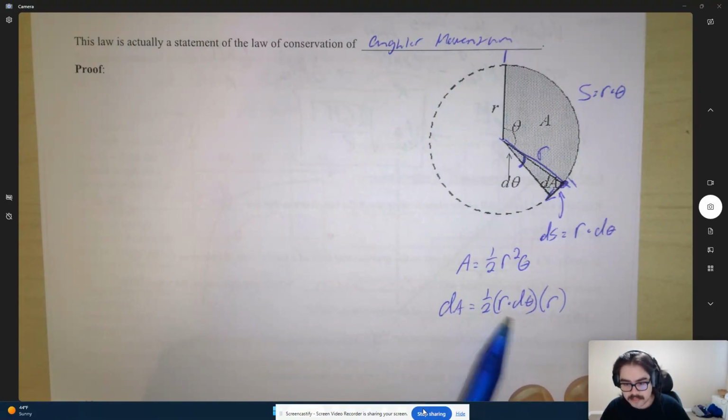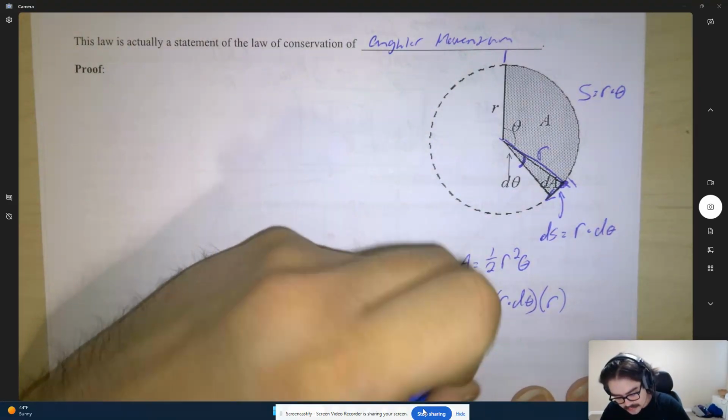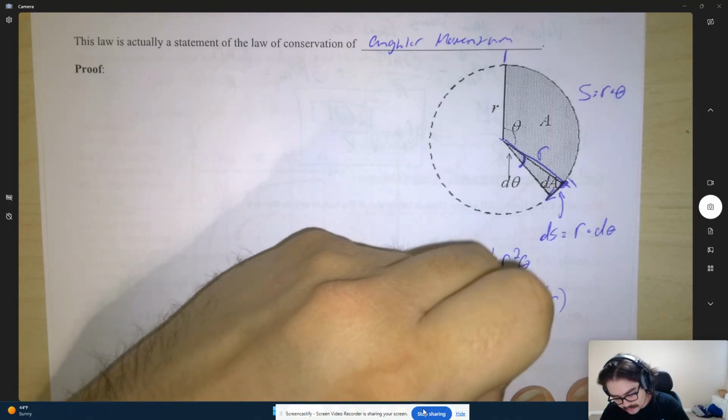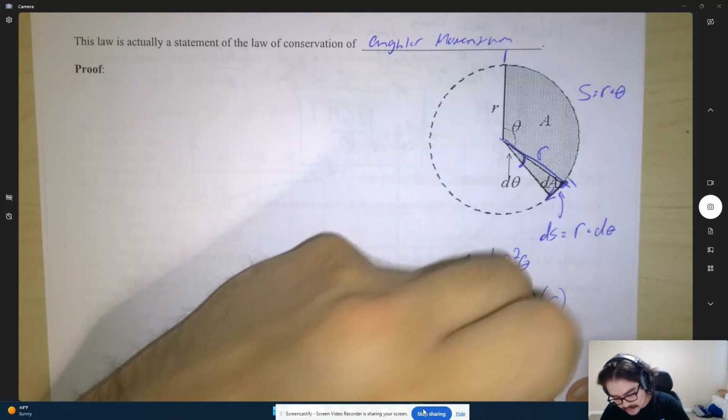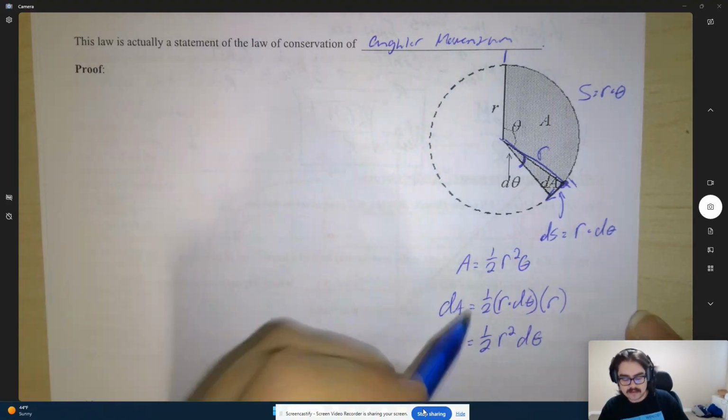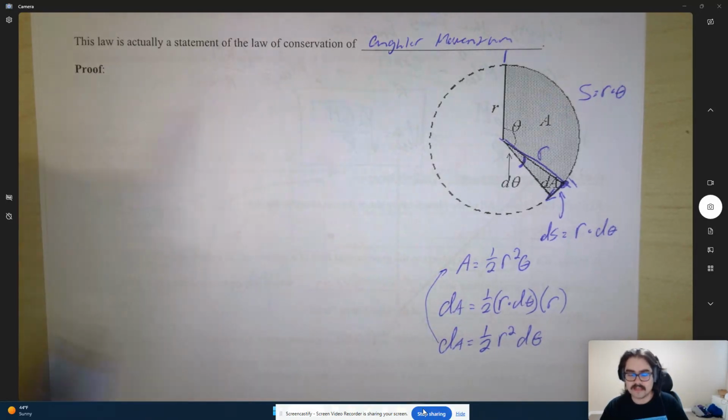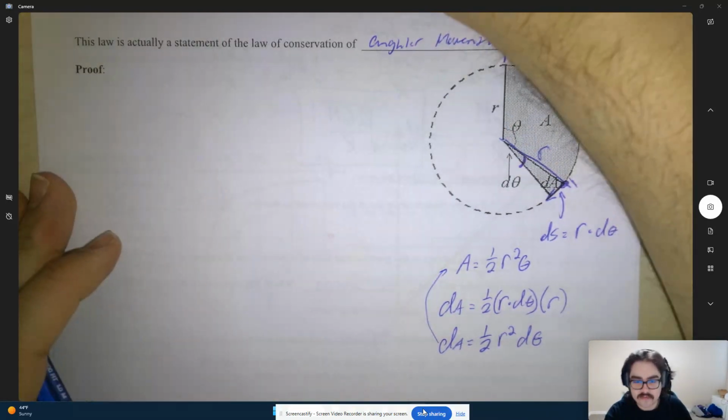And then the r's multiply together to give me that dA, the amount of area I'm sweeping out, is 1/2 r squared d theta. I'm just rewriting that, just taking out the d's and everything.